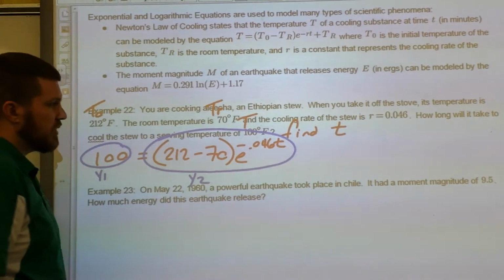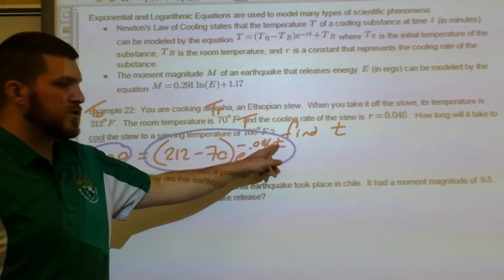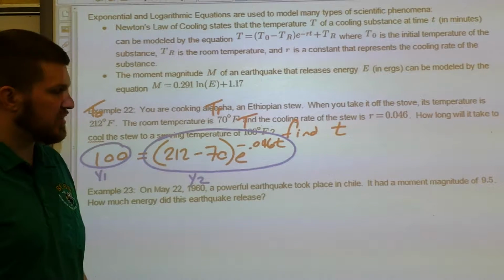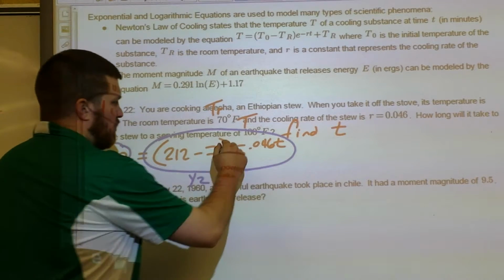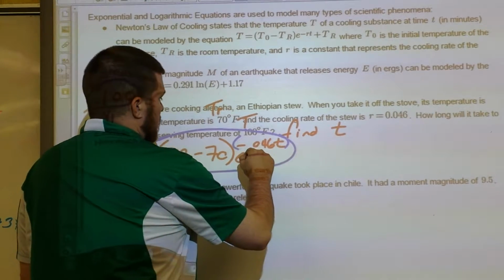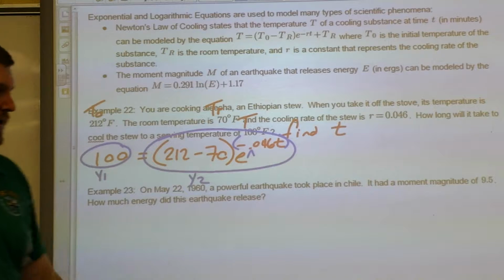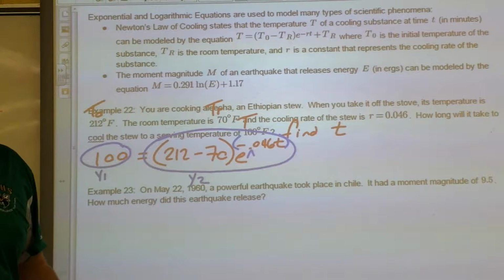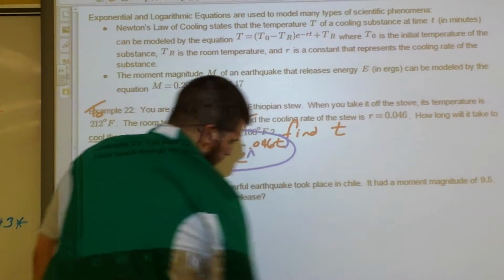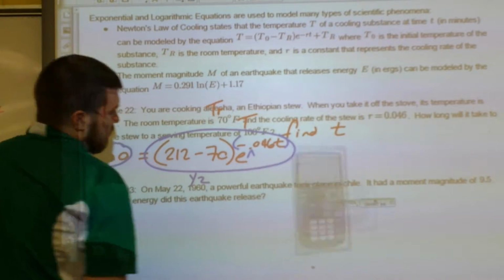Now, when we type this in our calculator, remember, our calculator does not recognize t, so we're going to have to pretend that's an x temporarily. So x is going to represent time. Also, I have more than one thing floating up in the air, so I'm going to need parentheses around that. And since it's up in the air, I'm going to have to be sure to hit that power key. So I like to just draw out what I need to type in before I actually do it. That way I'm sure to get it right, and I suggest you do the same thing. So now let's go through and graph this.